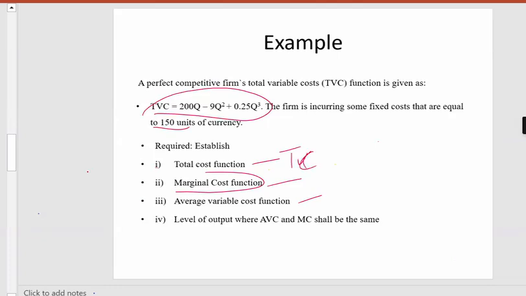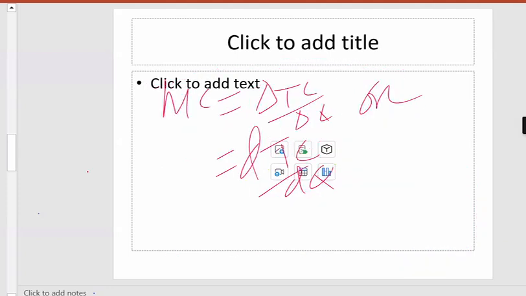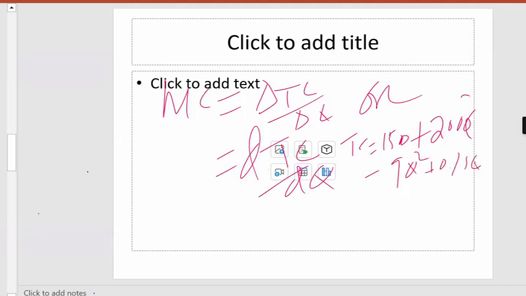But now we have to differentiate that total cost with respect to Q. Let us write the total cost: 150 plus 200Q, minus 9Q square plus 0.25Q cubic. Okay?